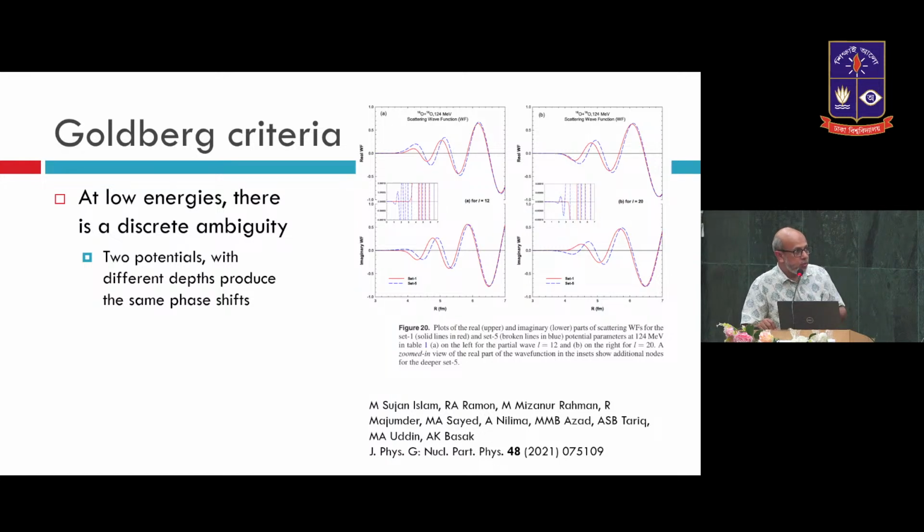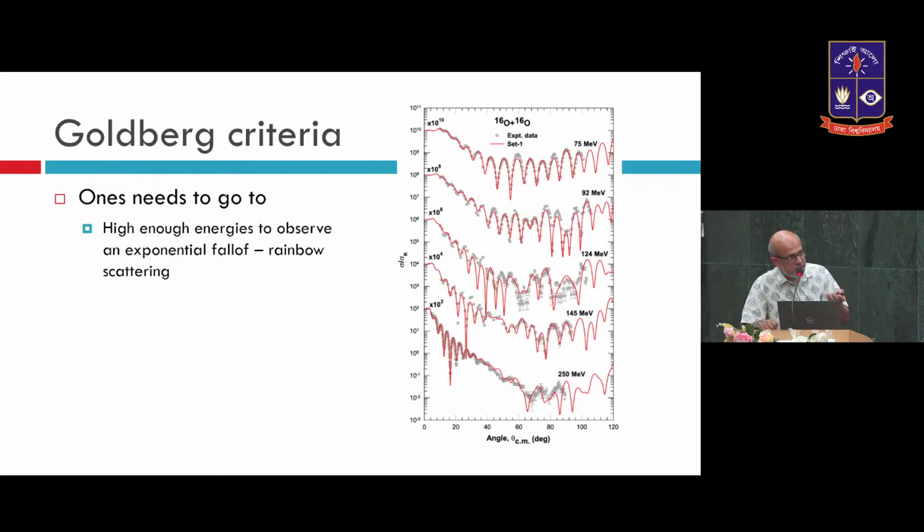So one needs to go. What Goldberg and Smith said is that we need to go to high enough energies to observe an exponential fall off in the angular distribution. These are typical angular distributions that we deal with, and like I showed you in our first paper, these are angular distributions that go like this.